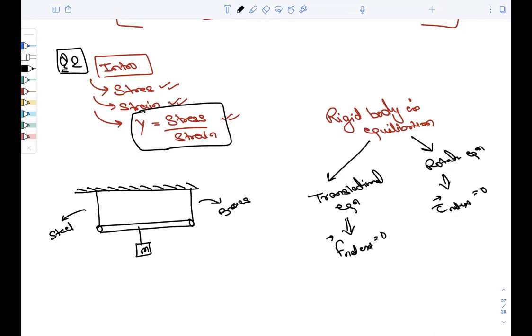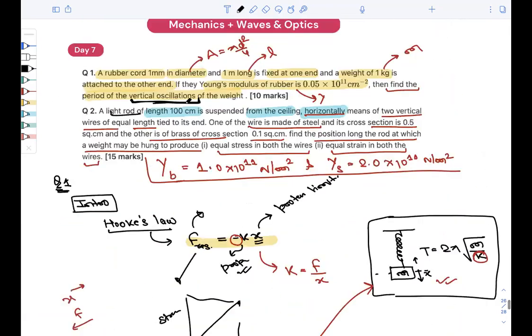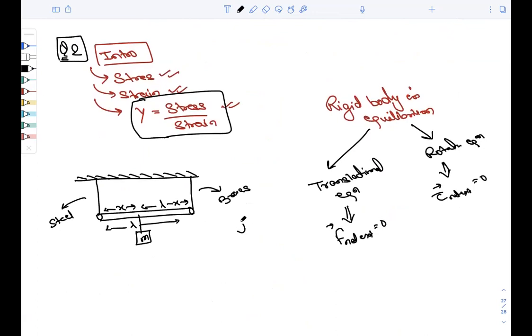Let's say mass M, at a distance X, where L is the length of the rod, right? L is mentioned over here. You can check here. Length is 100 centimeter, so L is 100 centimeter. You need to put the values. I'm just solving the question for you.